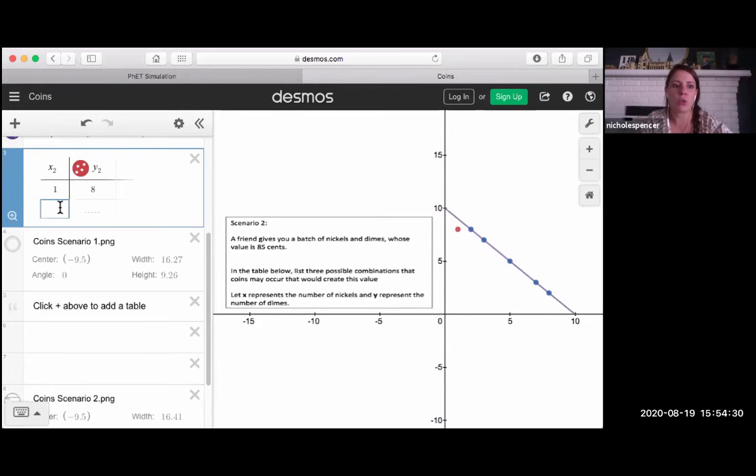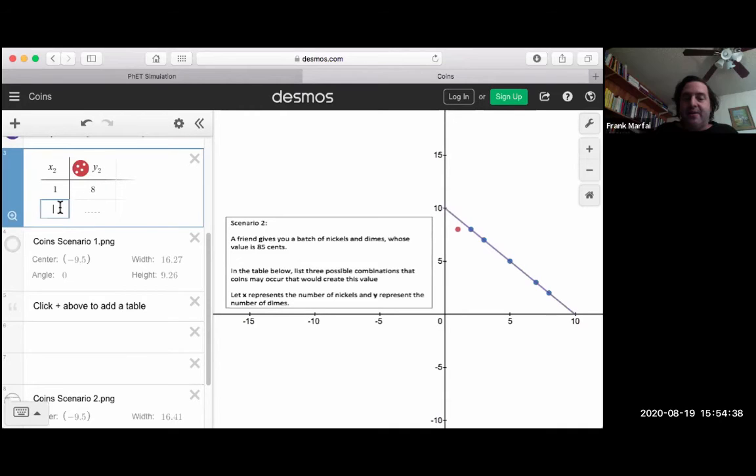Could you input a bunch of X values and it would tell you what all your Y values would have to be? Is that possible? Yes, you can create a function and turn it into a table. If you have a function model, then you can convert that to a table, or even a graph that would turn into a table. We'll try it.